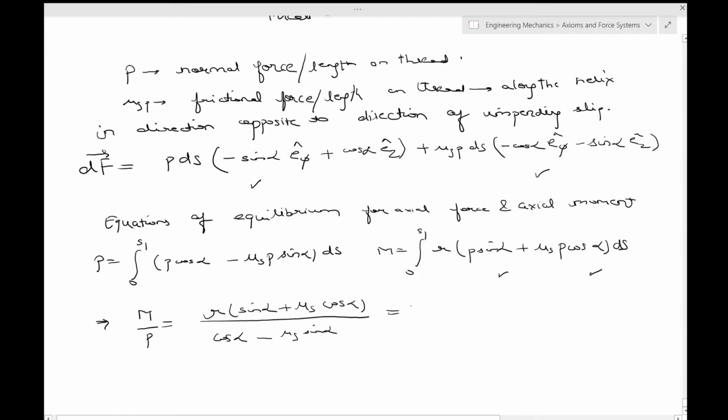This would be r of (tan alpha plus mu s) by (1 minus mu s tan alpha). What I have done is divide both the numerator and the denominator by cos alpha.